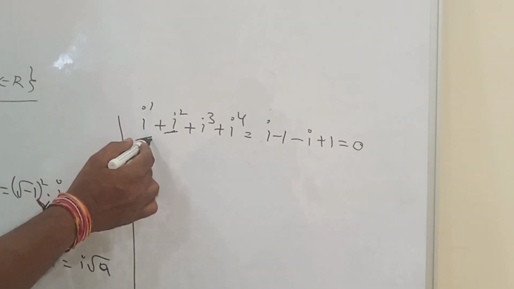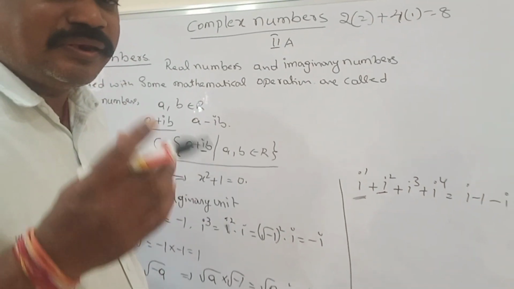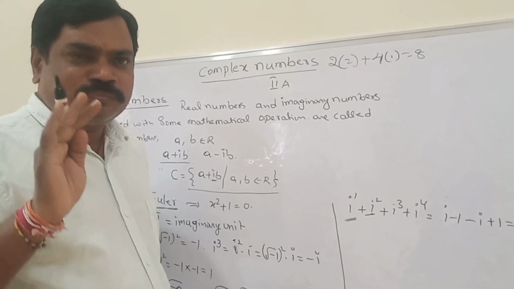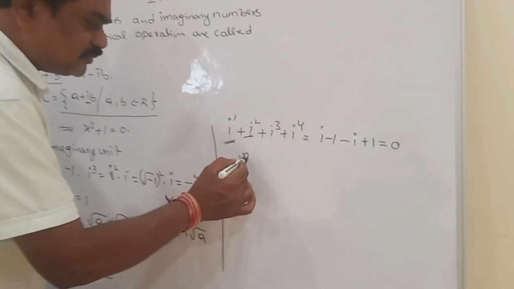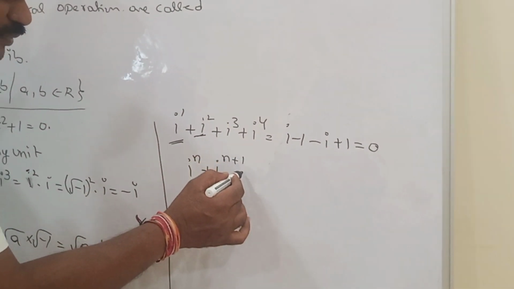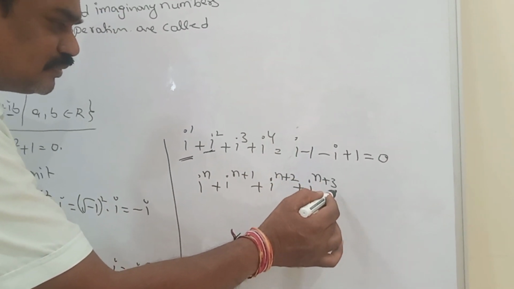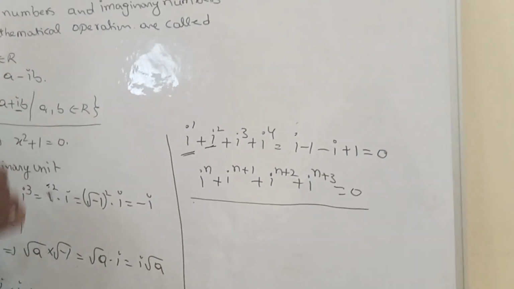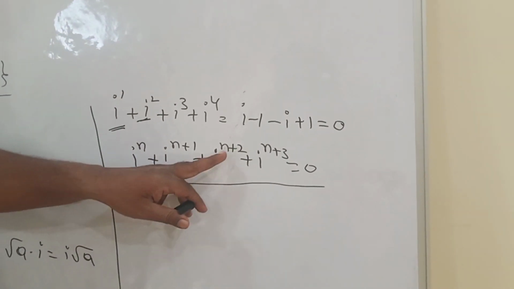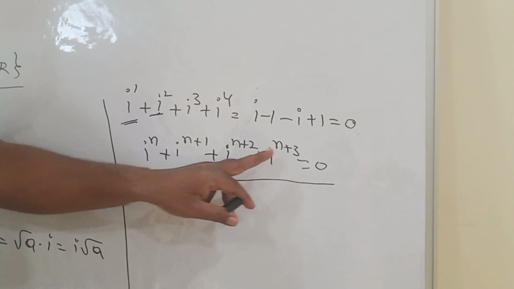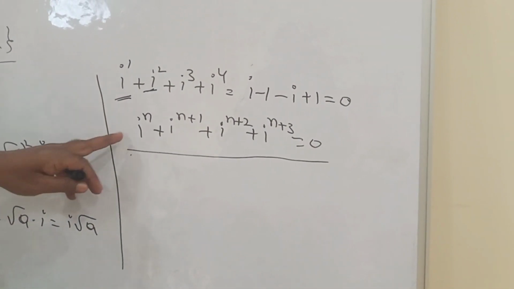So we conclude that any 4 consecutive powers of i sum to 0. Suppose i power n, i power n plus 1, i power n plus 2, i power n plus 3 are there. What is the value of this? 0. So i power n plus i power n plus 1 plus i power n plus 2 plus i power n plus 3 will be 0. Okay?